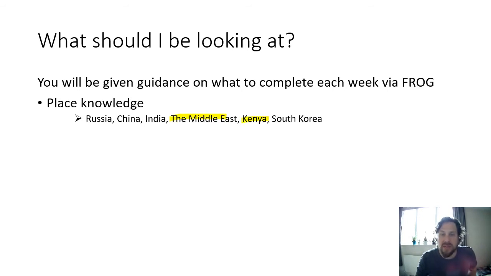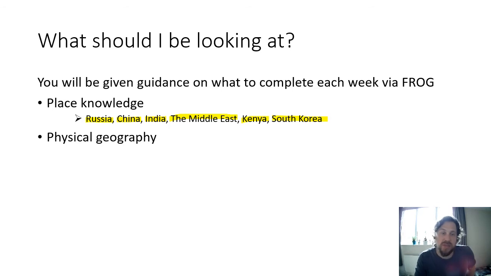There's some elements of that to do with the Middle East when we look at Asia and China and South Korea. India, we need to know about the different levels of development. That's a good example. China, you did a topic on how they're developing, and Russia was one of the pieces of work you should have done at home over the lockdown.